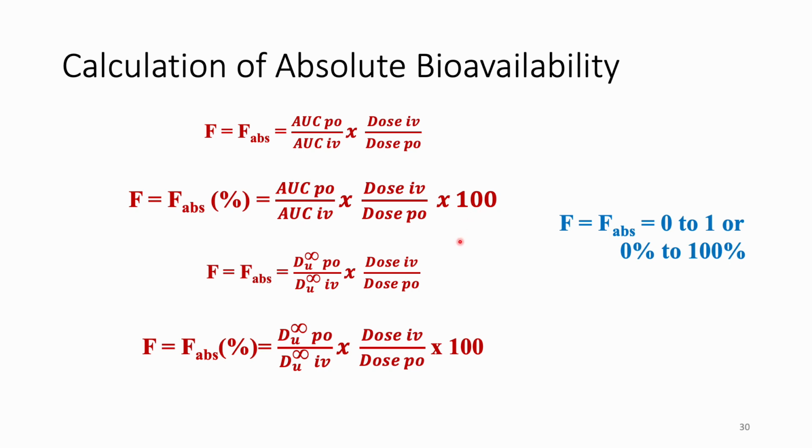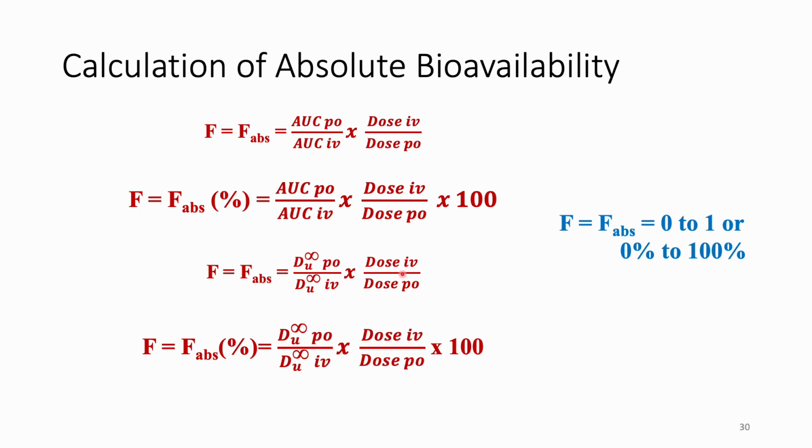In case you use the cumulative urine drug excretion, you use the cumulative excretion of drug in the urine for the oral or extravascular administration divided by the cumulative drug excretion of the IV. Again, you need to standardize the dose by multiplying by the dose of the IV divided by the dose of oral.